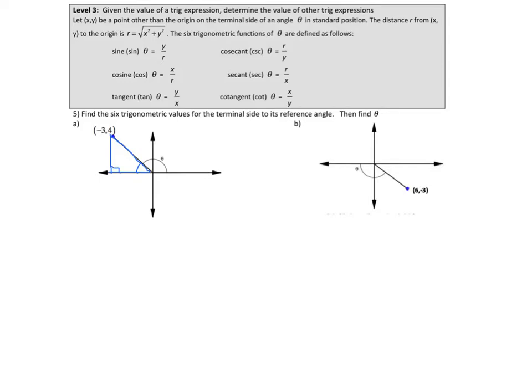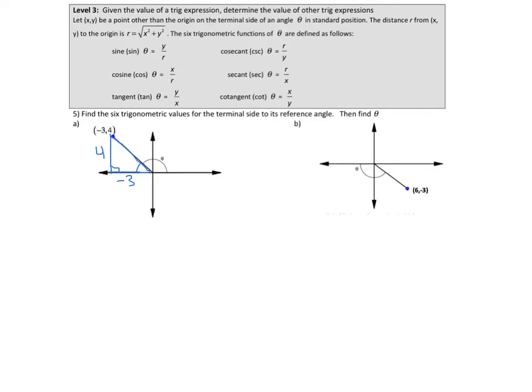So I have a right triangle. The y value of this right triangle is 4. The x value is -3 because the coordinate is negative, so it goes in the negative direction. And then to find the r value, I'm going to use the Pythagorean theorem.